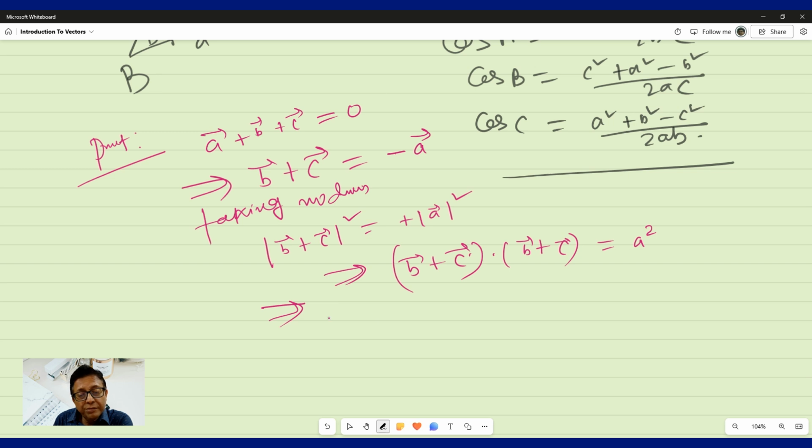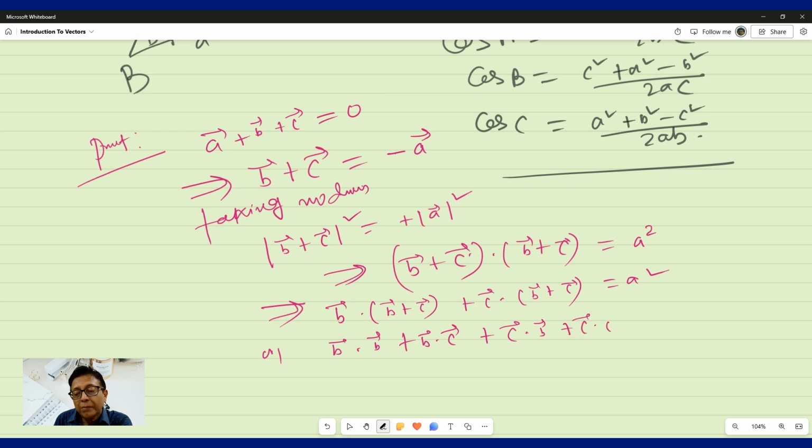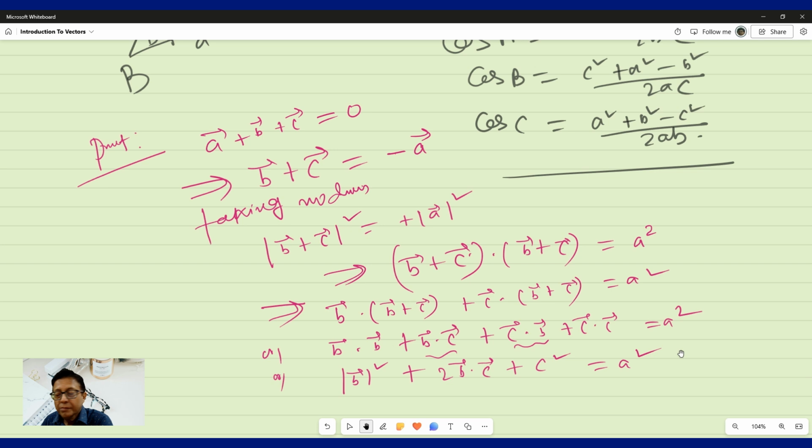Or you just open the bracket by the distributive law. B dot B plus B dot C, and C dot B is the same thing, so 2B dot C. Am I correct?